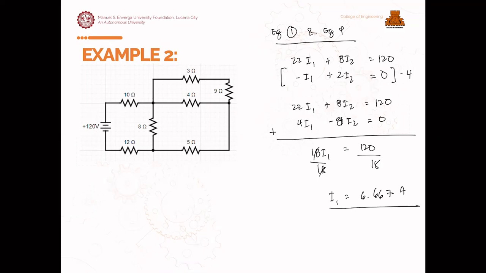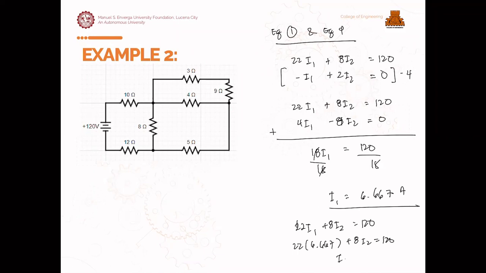I2 natin will be from kahit anong equation. So, equation 1 na lang. 22 times 6.667 plus 8I2 equals to 120.